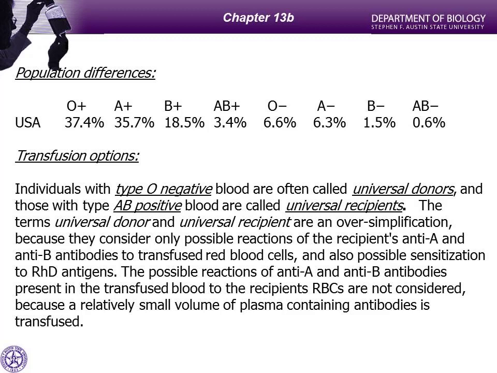But the problem, as you get so general about that, it's not so much about the antigens on your red blood cells. But let's say, for instance, you're an AB positive person and you're in an emergency situation and you need blood, and they say, look, the only blood we have out here is O positive.